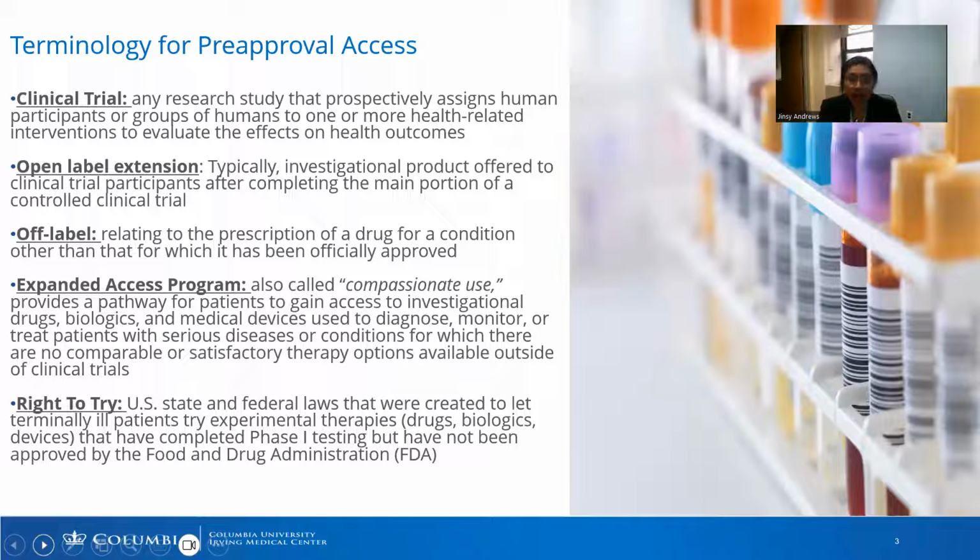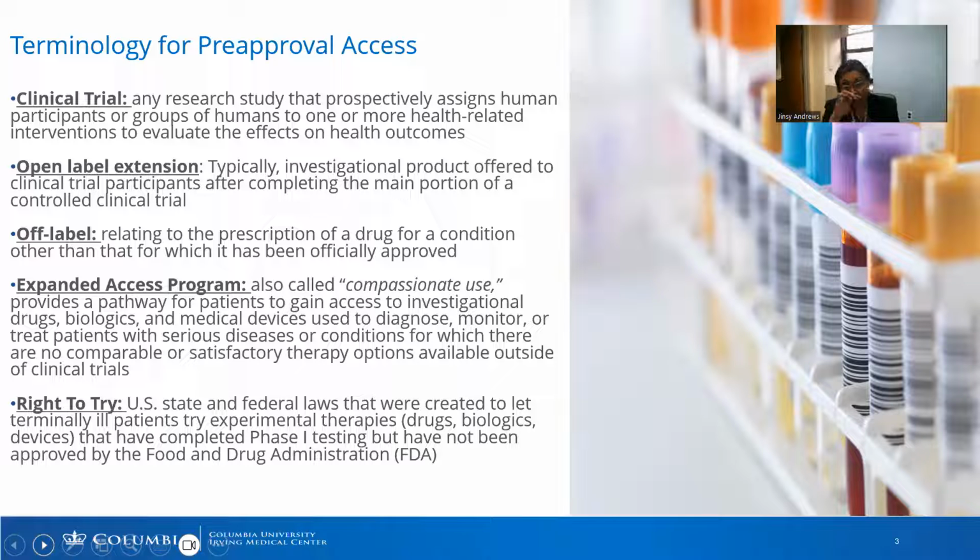Usually the medication or the product is referred to as experimental therapy or investigational product or investigational device. And it's really to use comparator groups to look at efficacy or an effect on some sort of health outcome. Similar to that, people will often refer to open label extensions.